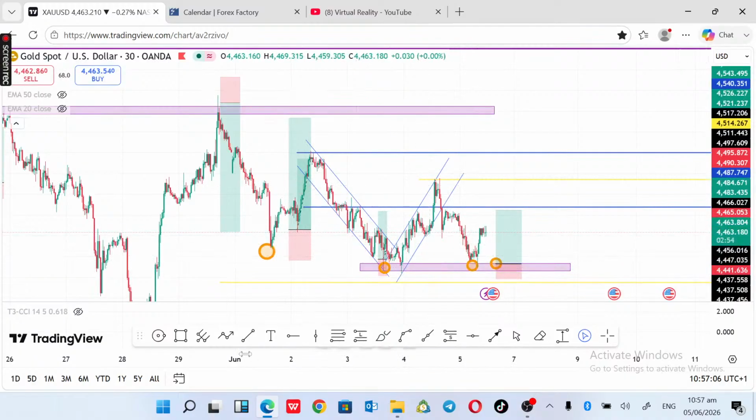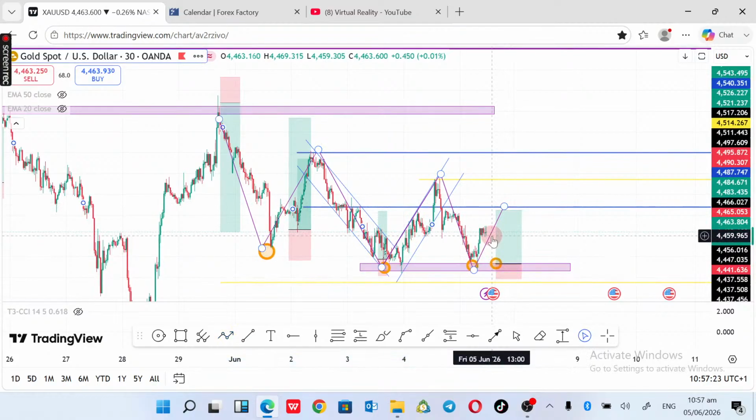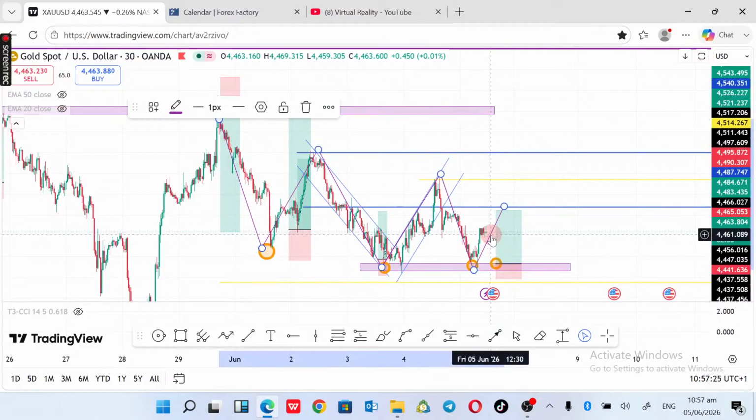Now what do we expect? You see, 1, 2, 3. We want this market to come back here, then we can go for a buy. Now how does it work? For instance, you are seeing this, let me remove this.